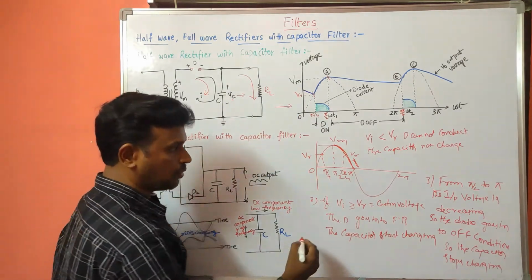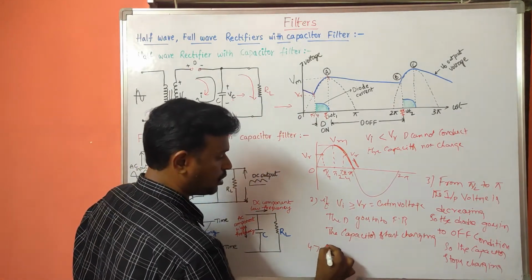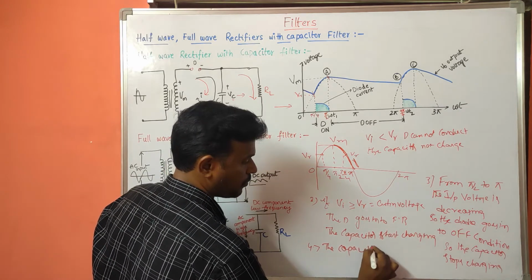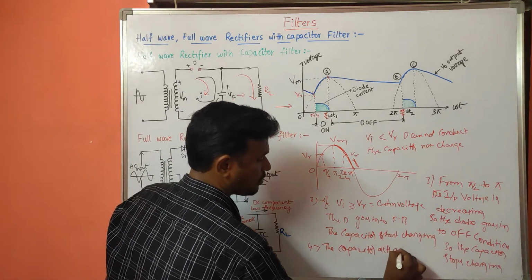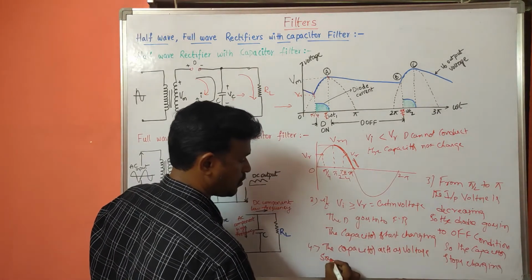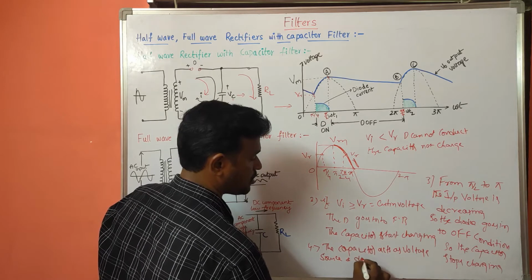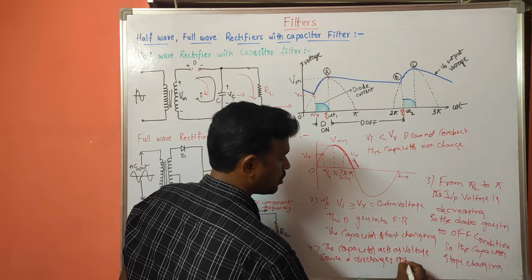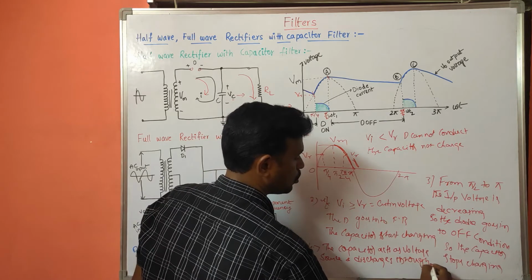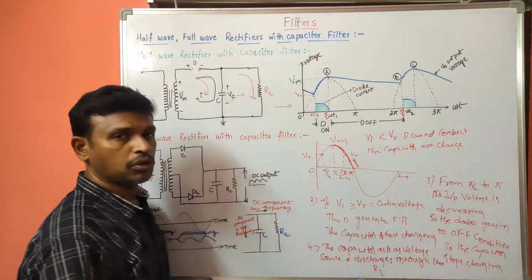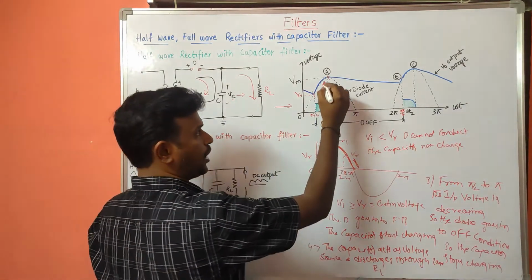Now the fourth point is here: the capacitor acts as a voltage source and discharges through load RL.